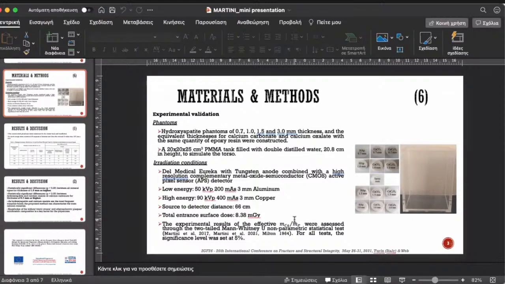So we somehow use a monoenergetic option. We try from the very beginning to make them pseudo-monoenergetic, so to have a very small band. Okay.